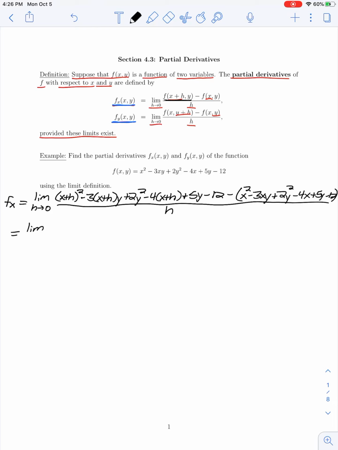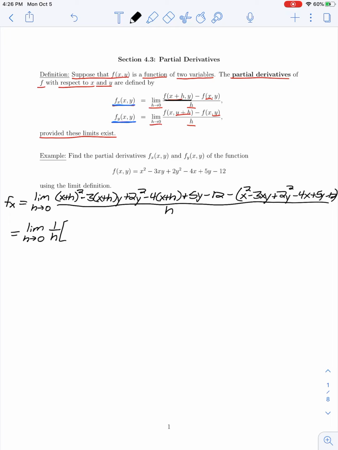So we have the limit as h approaches 0 of, now for notational simplicity, rather than writing this as a fraction throughout my work, the division by h I'm going to consider as multiplication by 1 over h out in front of my numerator.